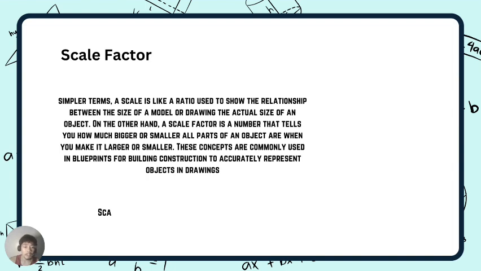On the other hand, a scale factor is a number that tells you how much bigger or smaller parts of an object are when you make it larger or smaller. These concepts are commonly used in blueprints for building constructions to accurately represent objects in drawings.